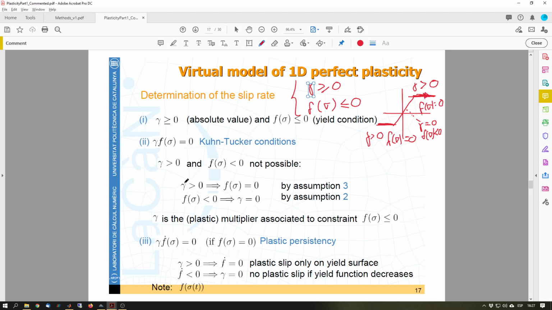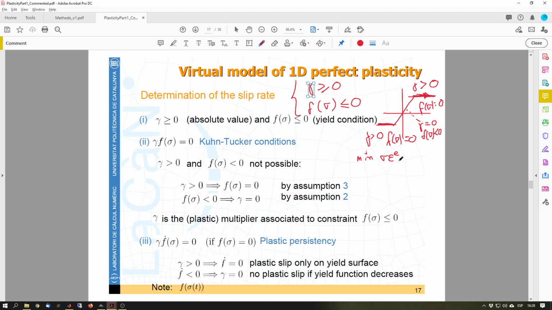In optimization, we have a constraint. In fact, we have a constraint that f of sigma is smaller or equal to 0, and gamma plays the role of a Lagrange multiplier. For those familiar with constraints, a way of imposing the constraint is to have a Lagrangian where we have this term. We want to minimize the total energy, and what we have in plasticity is sigma times the elastic strain.